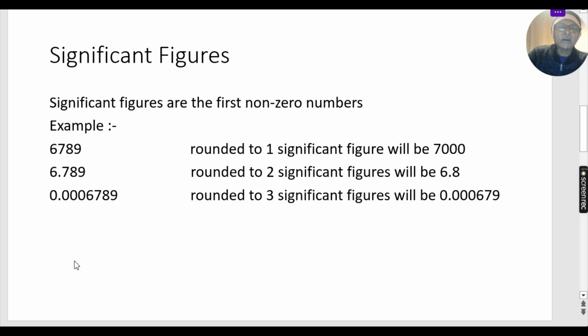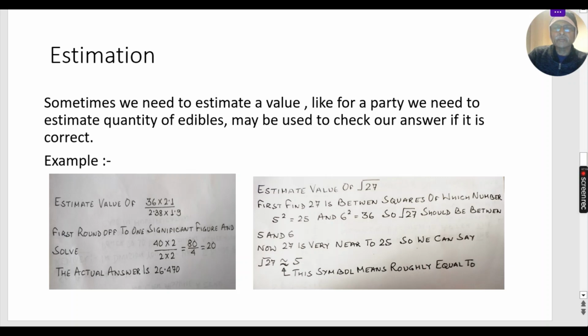Then another term comes here that is called estimation. Sometimes we are required to estimate a value. For example, if you want to buy some grocery or eatables for your party, you can't buy exact. You will have to approximate it, or estimate how much we will buy.